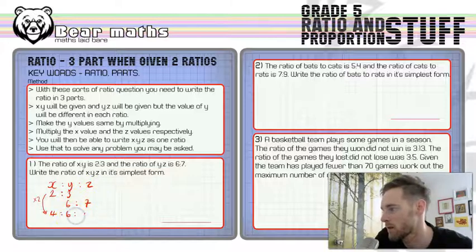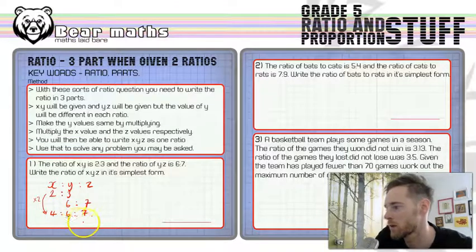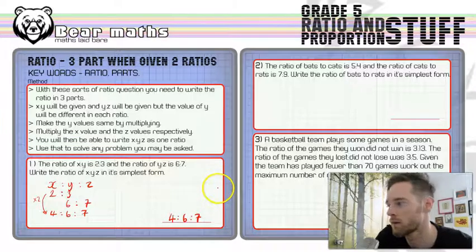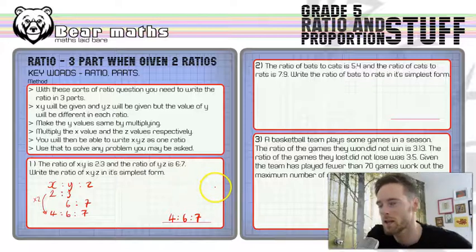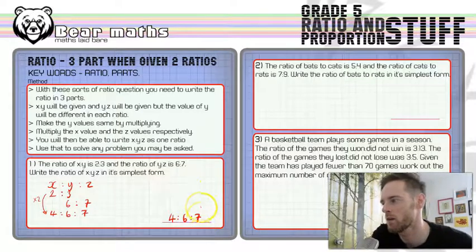So that doesn't have to be multiplied at all. So what we've got is 4 to 6 to 7. There's nothing more we can do with that ratio, and that is in the form of X to Y to Z in its simplest form, the simplest of three-part ratio questions when you're given two separate ratios. It gets trickier, but I think that example is relatively simple to understand.